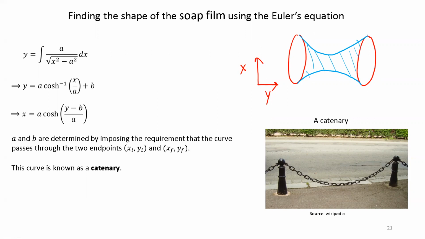Of course, at the end of the day, the constants will be determined by the so-called boundary conditions, because the curve has to touch these two endpoints, which I call xi, yi over here, and xf, yf over here, and then you can determine a and b. So these are the two very classic problems.